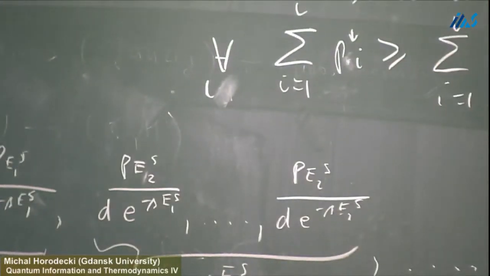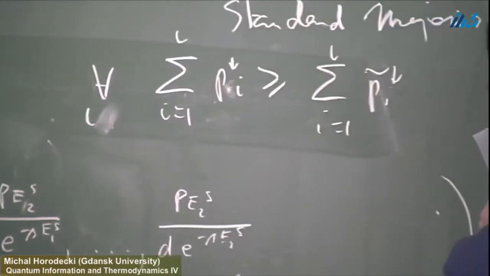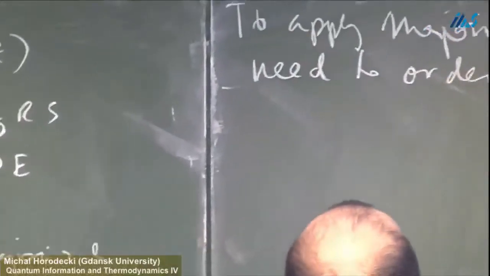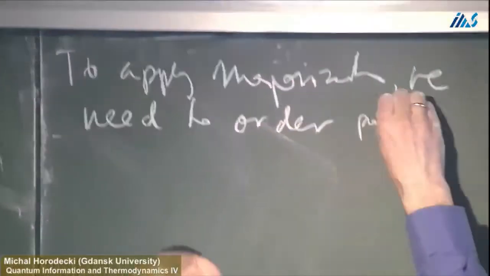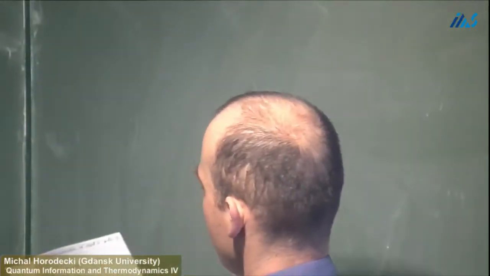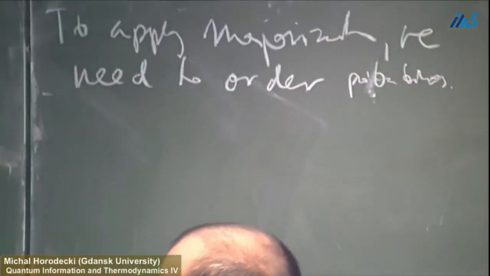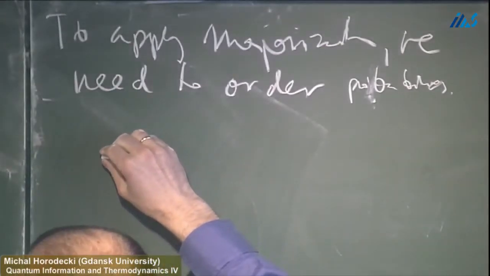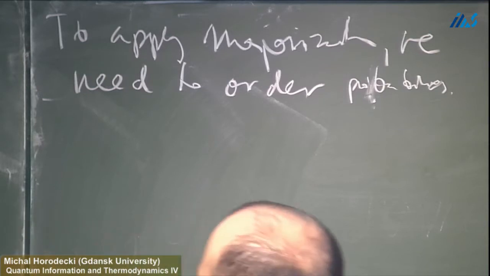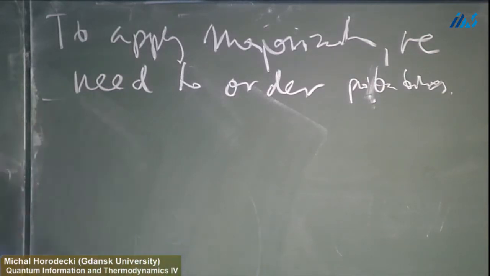Okay, so to apply majorization, we need to order these probabilities. We see that these are all equal, so ordering is really reshuffling the whole such bunches. Within the group you have equal probabilities.